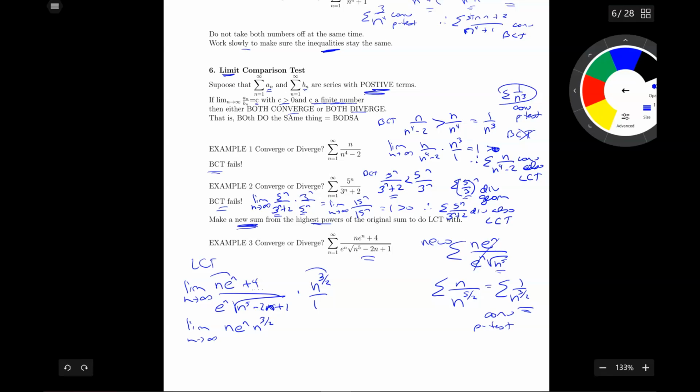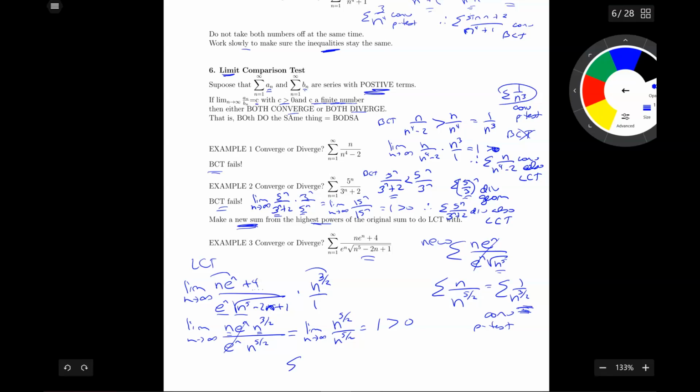This 4 plus 4 times this would fade off in the distance because I'm doing highest powers. This times this, e to the n, and n to the 5 halves. So the e to the n's cancel. So let's look at this again. So n times n to the 3 halves, that would give me n to the 5 halves. Oh, look at that. It's a 1. Bigger than 0. They both do the same thing.